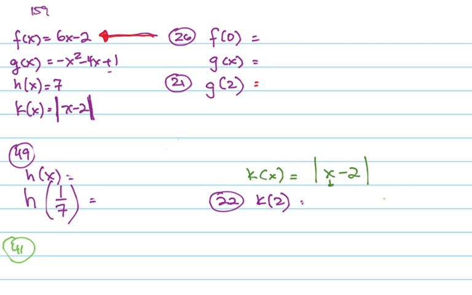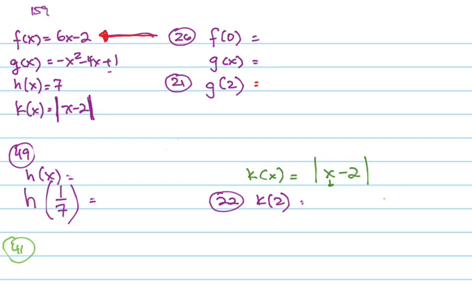Okay, so which one are we going to do first? 21 in the book says find g of 2. Let's try this again. g of 2. g is negative x squared minus 4x plus 1. So now if you have more than one x, you have to replace all your x's with 2.